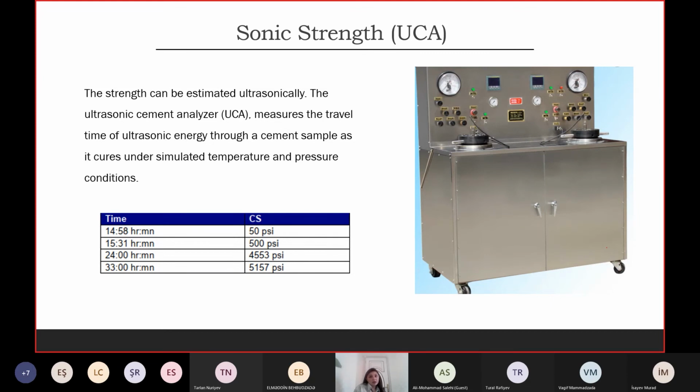After 500 psi you can start to drill the shoe. But for evaluation logs, you usually need to wait for at least 2000 psi. For example, for kickoff plugs, the strongest cement is required, because you are using it as a base, kind of a whipstock.